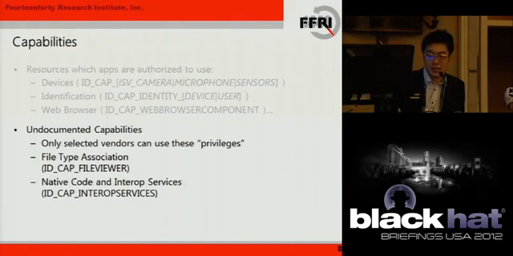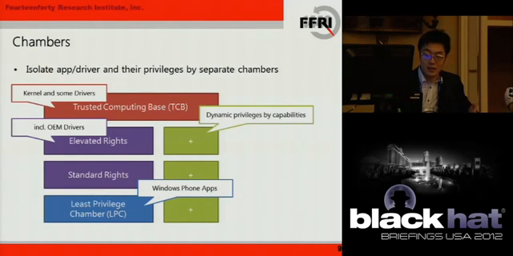Chambers. This feature isolates applications and drivers by separate chambers and separate policies. The most important part of this security model is the TCB, which stands for Trusted Computing Base, where the kernel and some drivers reside.